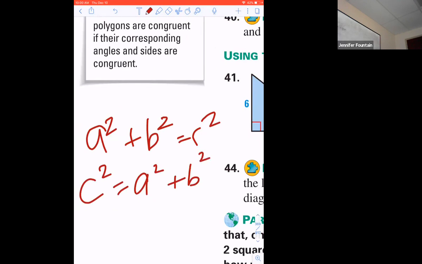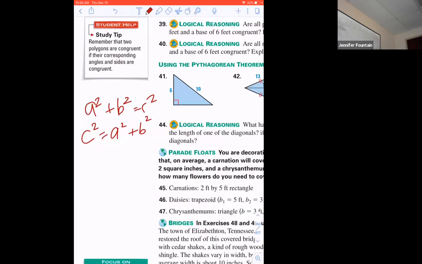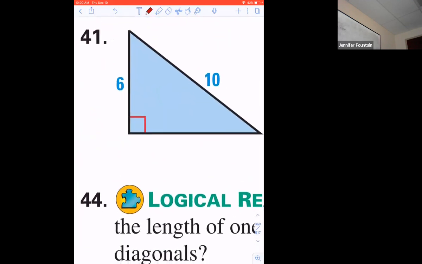What has to be consistent for each of these? Hypotenuse has to be C. How do I know which side is my hypotenuse? Opposite the right angle.